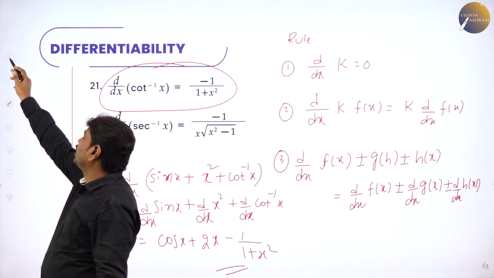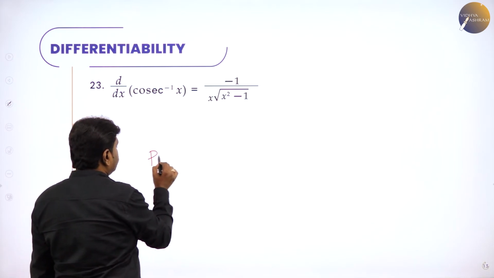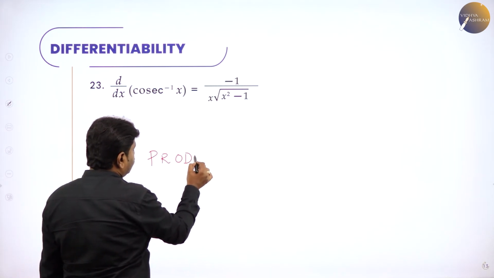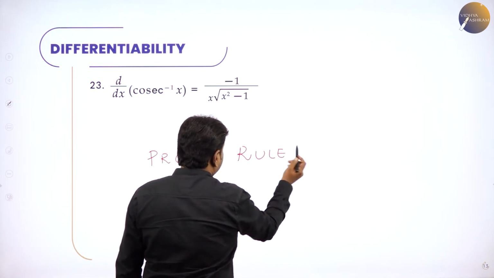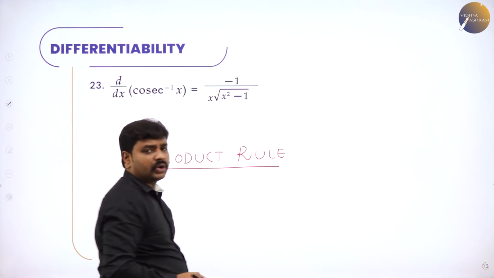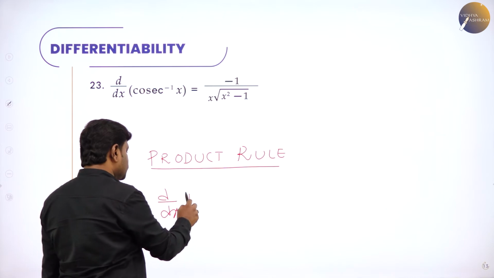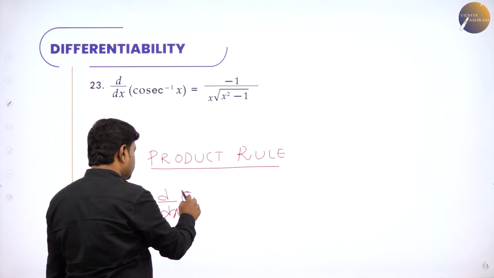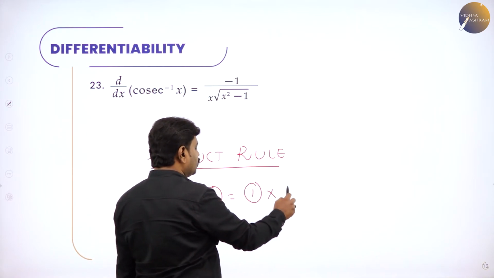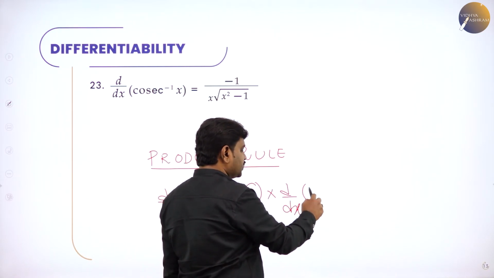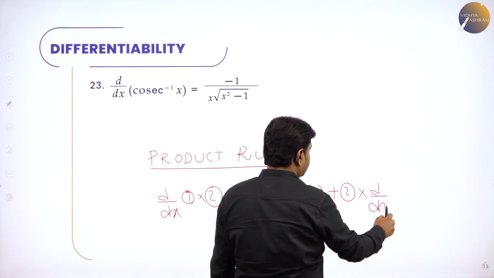Then we have two critical or important rules. One is the product rule. Very important. Or we say UV rule. What is the product rule? D by dx of first function into second function is first function into derivative of second function plus second function into derivative of first function.